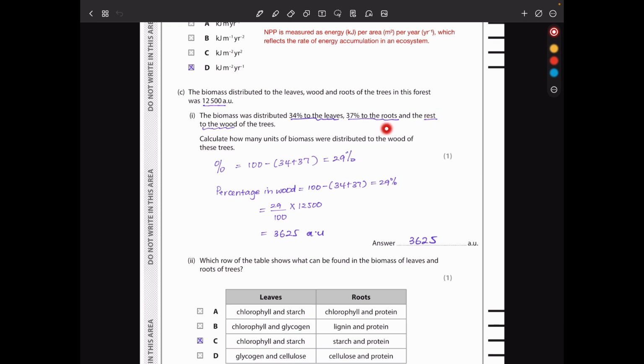Because they say the rest, we need to subtract from the total, which is 100, in order to get the percentage that goes to the wood. So the percentage is 100 minus the sum of these two, giving us 29. To calculate how many units are distributed, it's 29 divided by 100 times 12,500, and I got 3625. That is my answer.